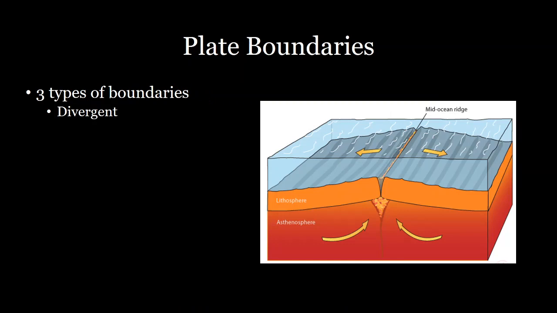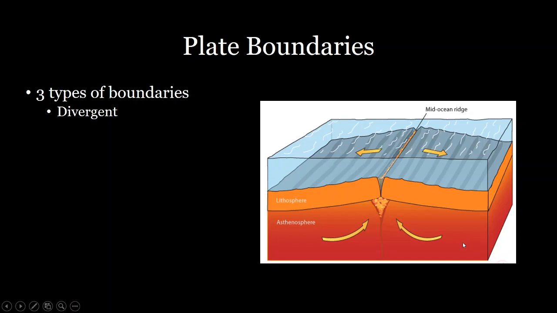The first one we've already talked about is a divergent plate boundary. This is when you have mantle material coming up and separating two plates apart. And in turn, lava comes up out of this ridge and the new oceanic crust develops.